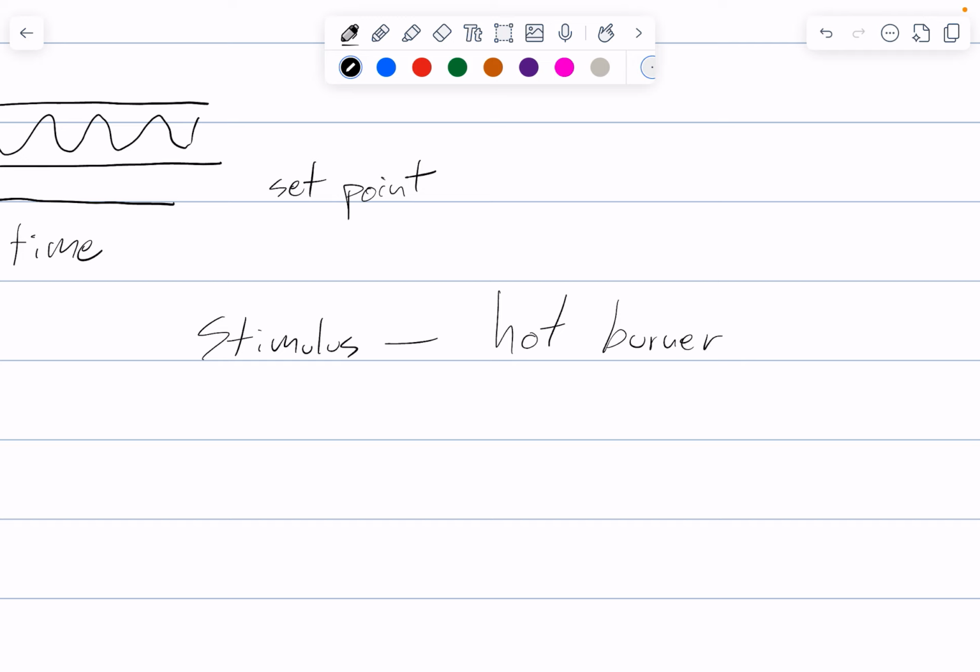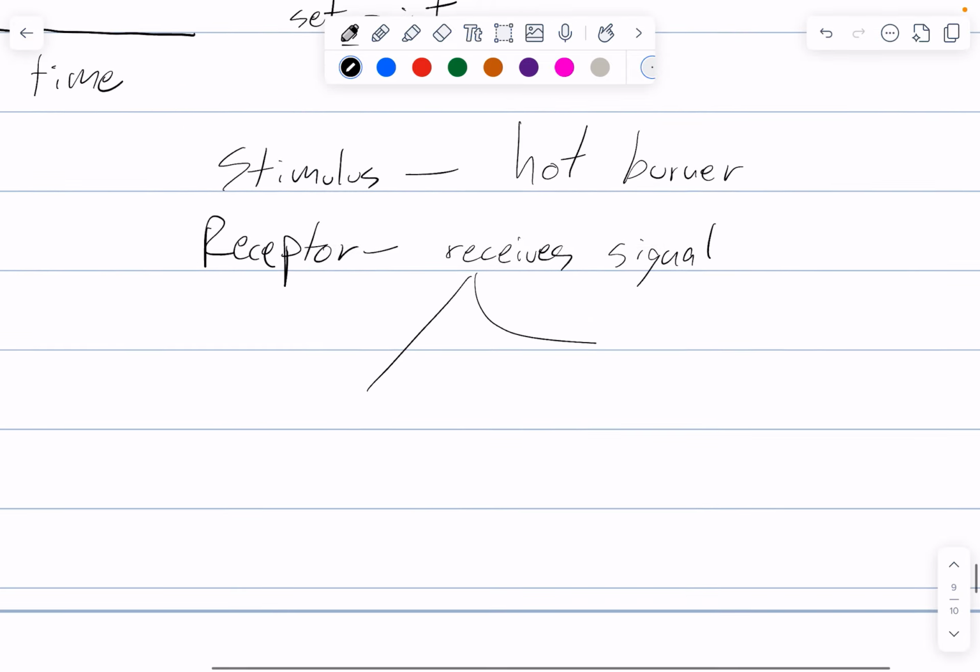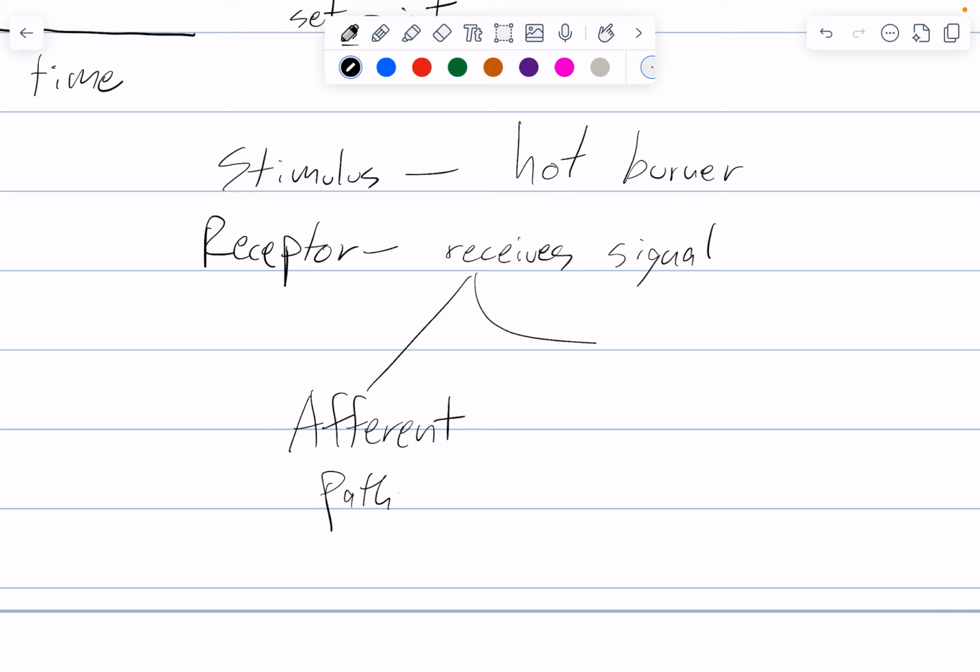So that is a stimulus. And then there's a receptor. This receives the signal. And then it goes through a pathway. There's an afferent pathway or efferent pathway.